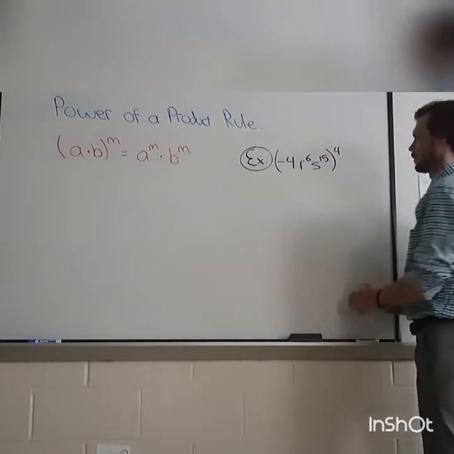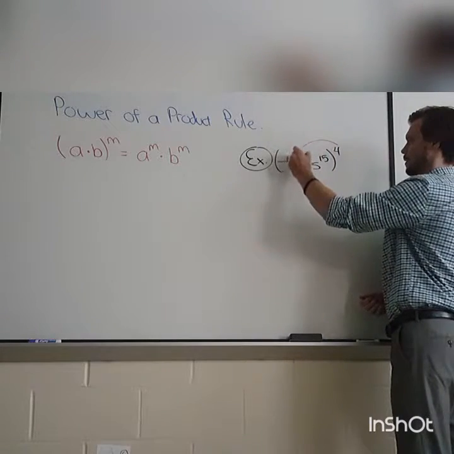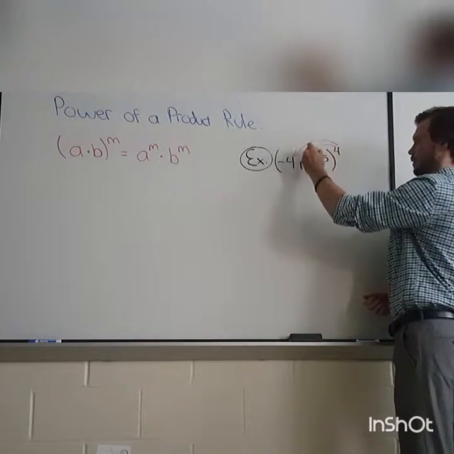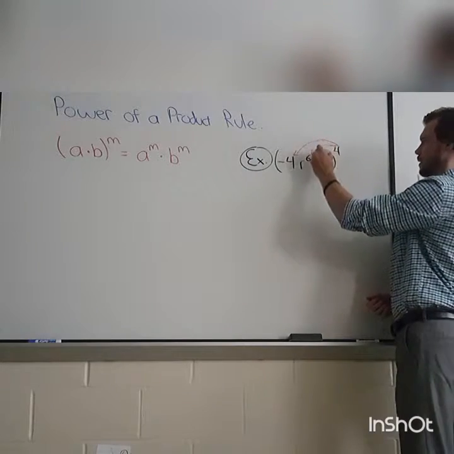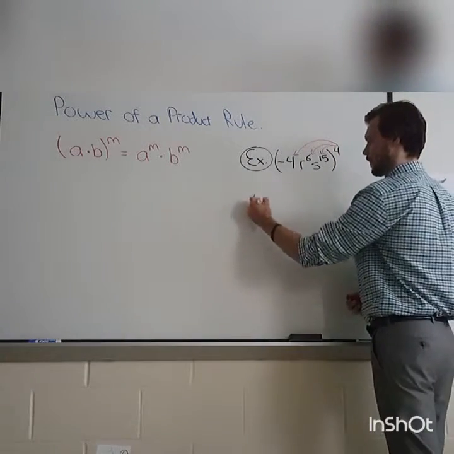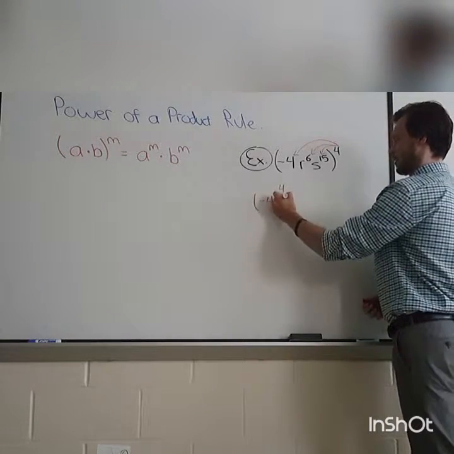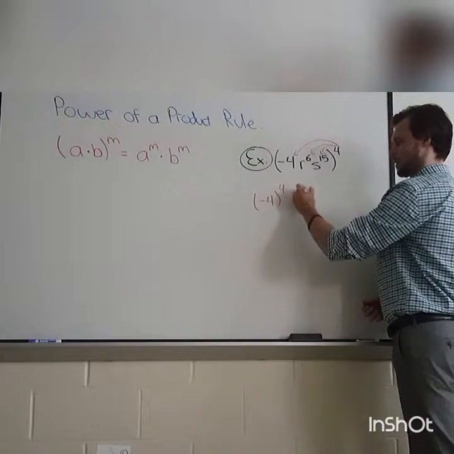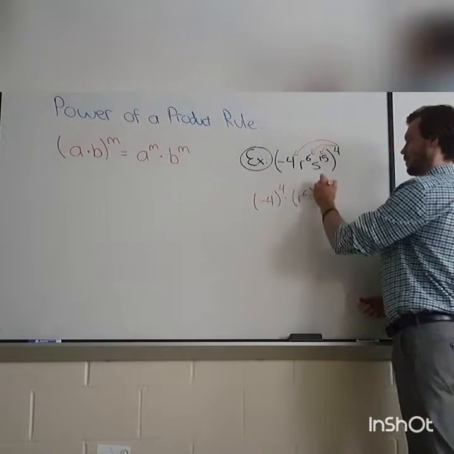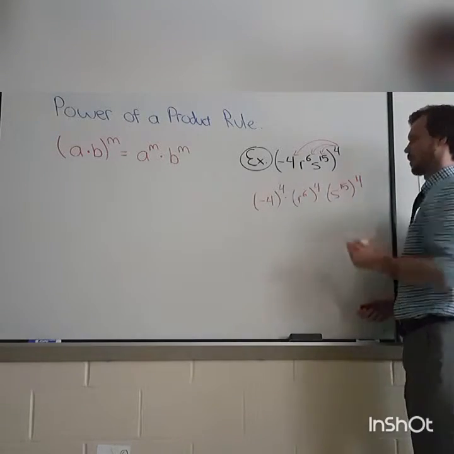I can still apply the exponent to everything on the inside. So that's going to go to the -4, to the r to the 6th, and s to the 15th. So that gets rewritten like this: -4 to the 4th times r to the 6th to the 4th, and s to the 15th to the 4th.